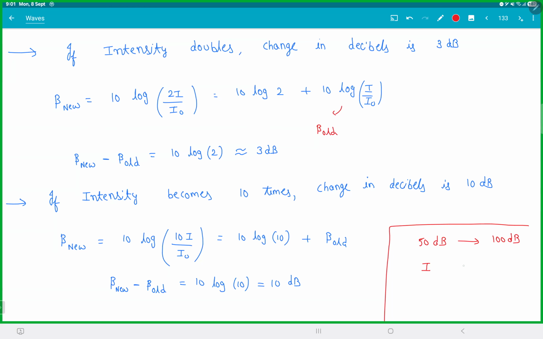It will become 10 power 5 times. Because for every 10 decibels, it becomes 10 times. So 50 to 60, 10. 60 to 70, 10. There are 5 tens. So 10 into 10 into 10 into 10 into 10. And the actual intensity becomes 1 lakh times. Clear with this, everyone? Clear?